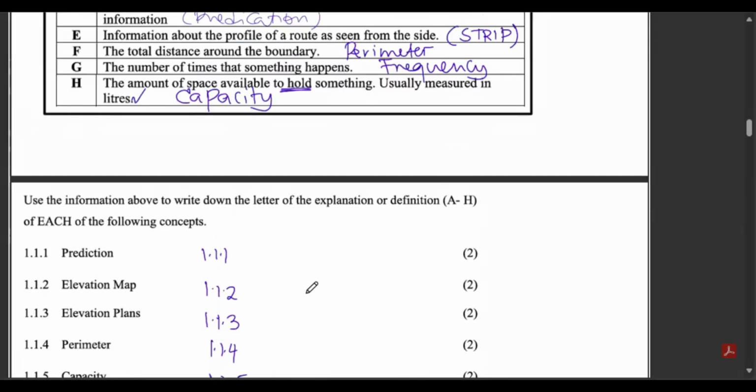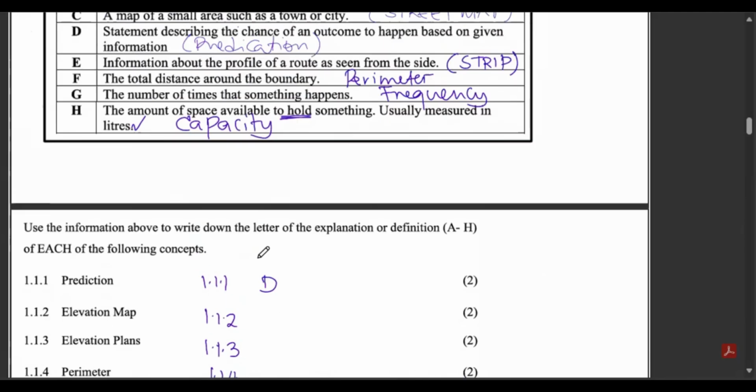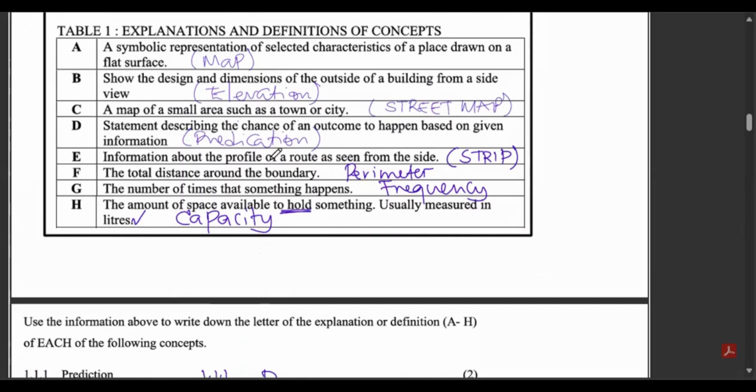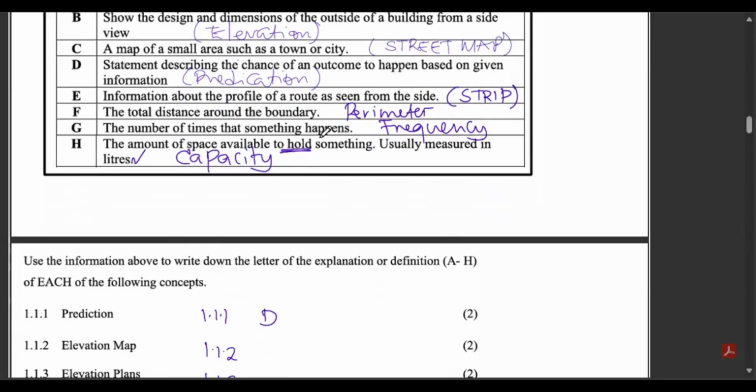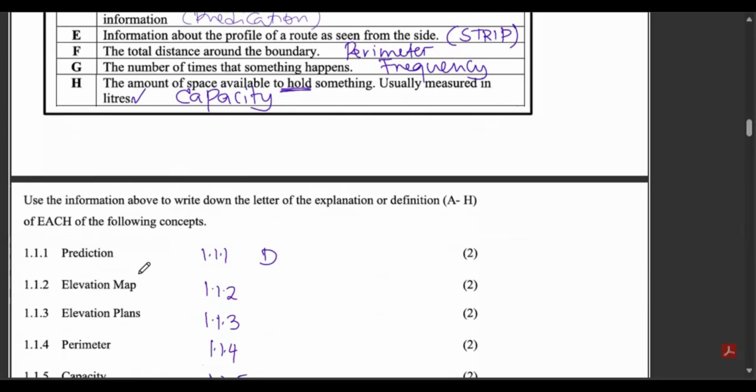And for prediction, we already said it's D. Elevation map: a map of a small area, such as a street, no. An elevation map is supposed to show the steep slopes and the valleys.